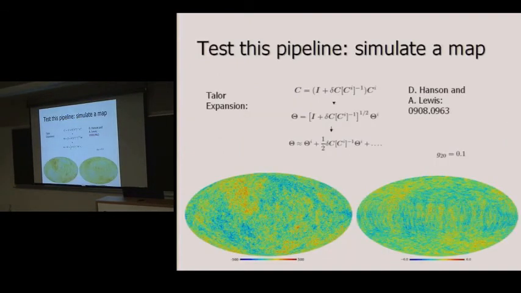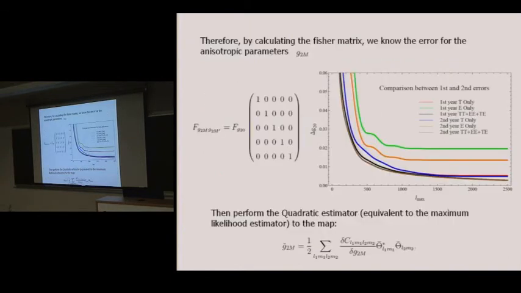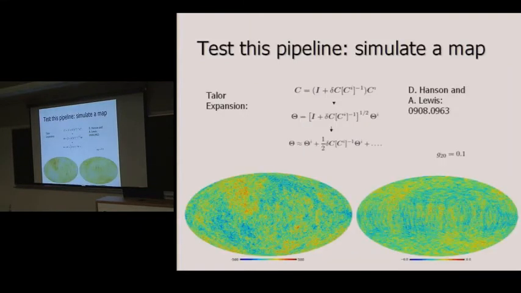We can actually test a pipeline for this estimator. This is a quadratic estimator: after you obtain a map, you compute the estimated GLM maps. To test this, we can simulate a map and test these pipelines.